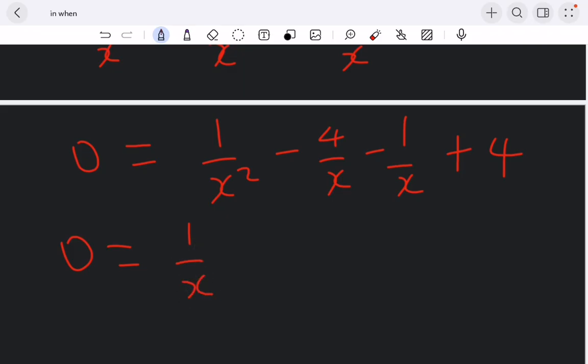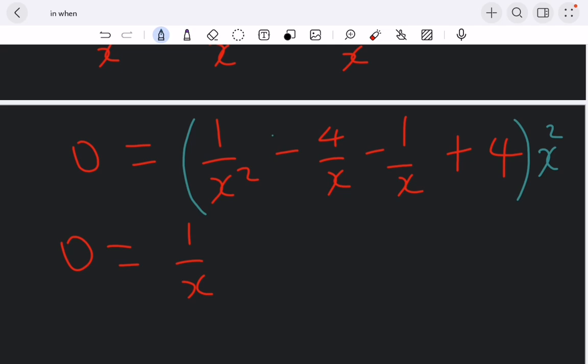Let me see, what we can do is multiply everything here so that we don't have to deal with fractions. We can multiply everything here by x squared, right?